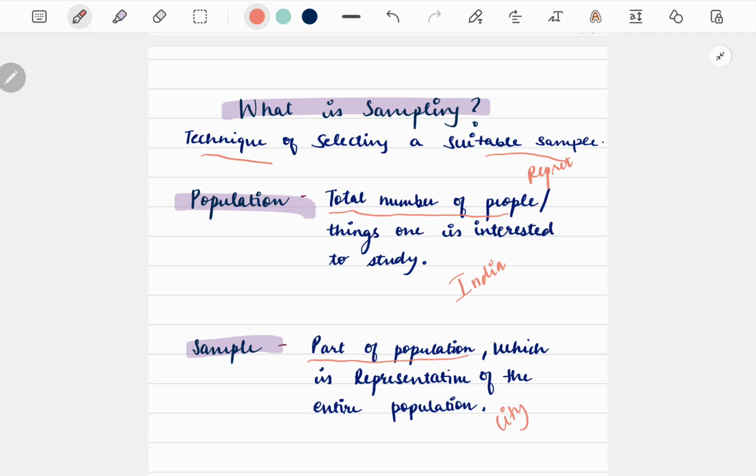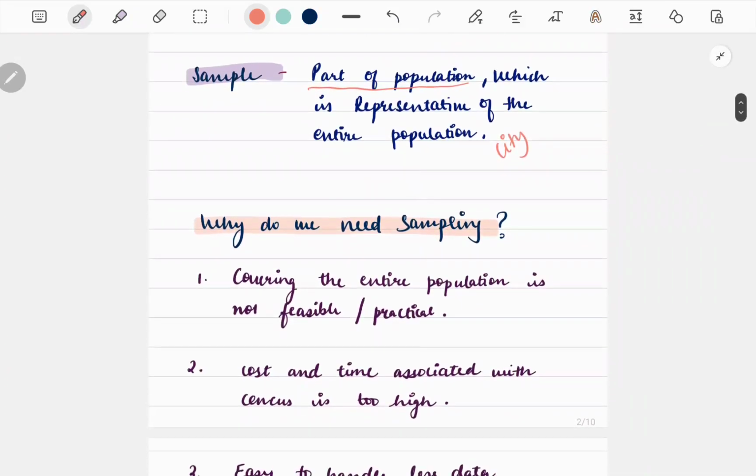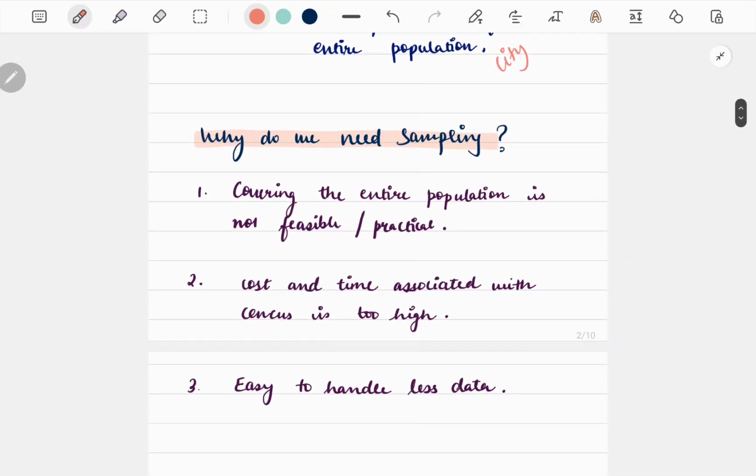Now let us understand why do we actually need sampling. Sampling is important because covering the entire population is not feasible or practical. Also, the cost and time which is associated with investigating the entire population can be too much.